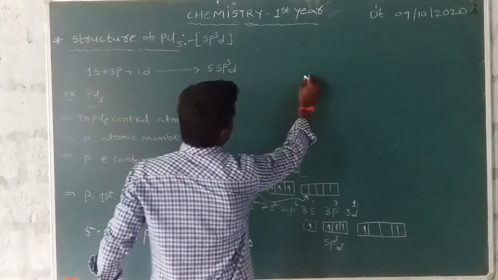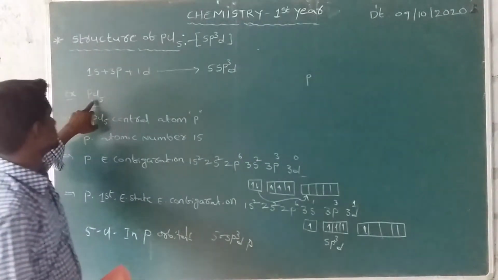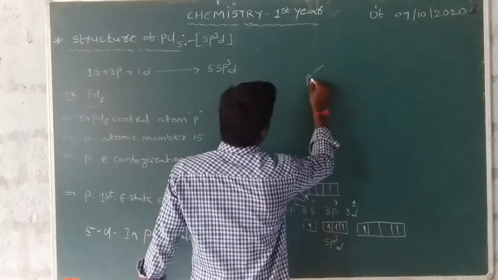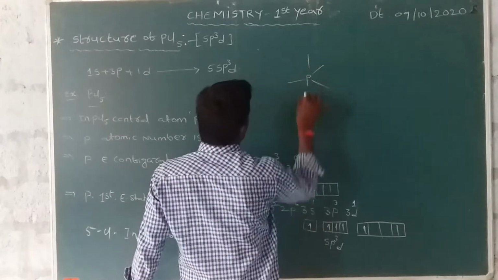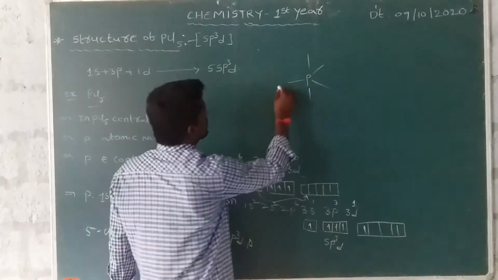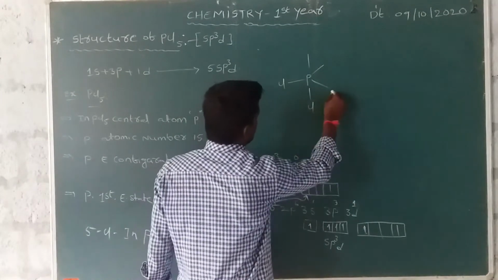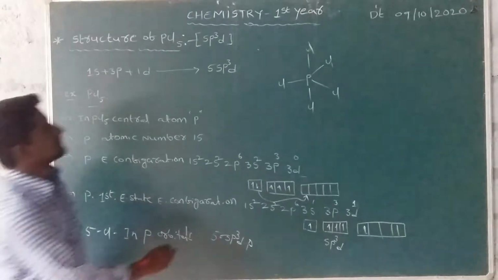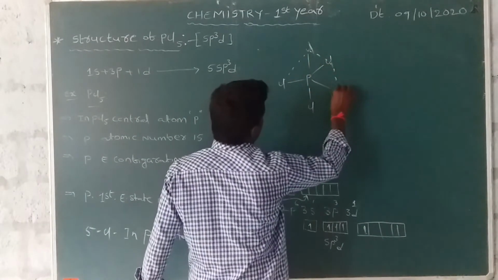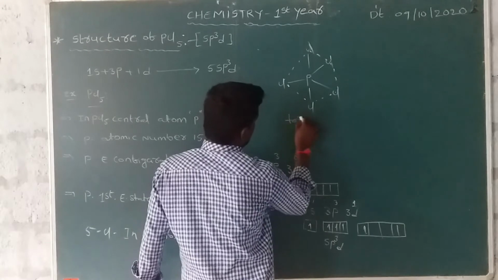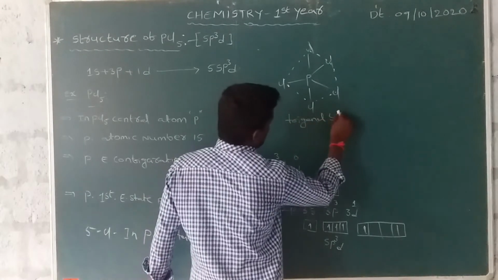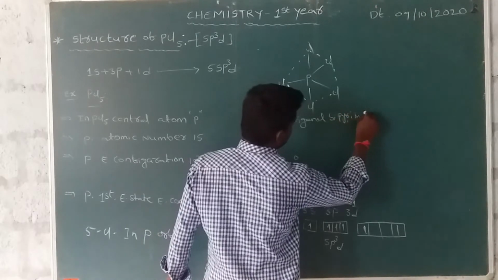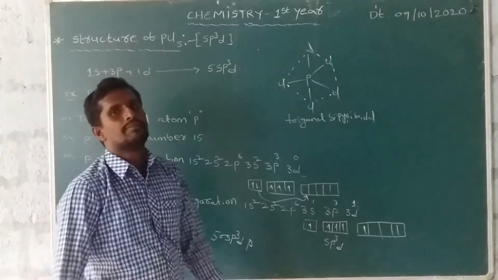In the structure, this is phosphorus. How many chlorines are present? 5 chlorines are present: first, second, third, fourth and fifth. This is a trigonal bipyramidal structure.